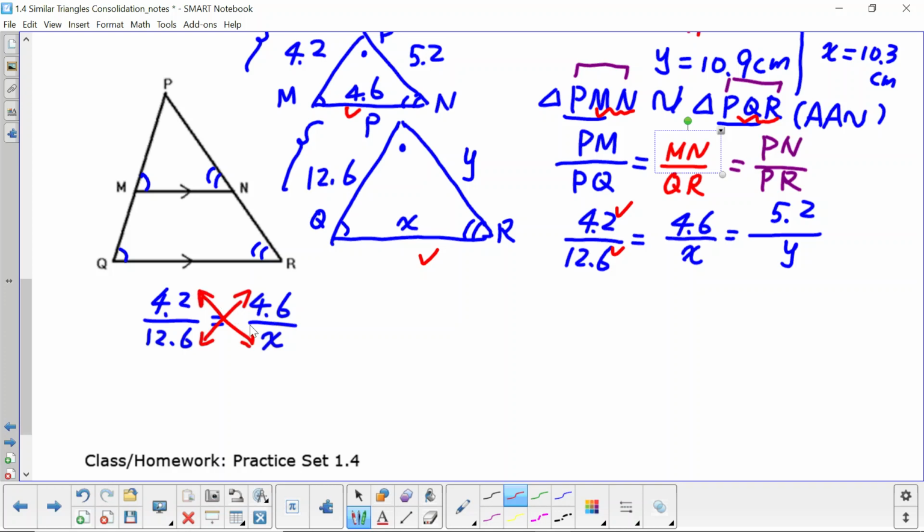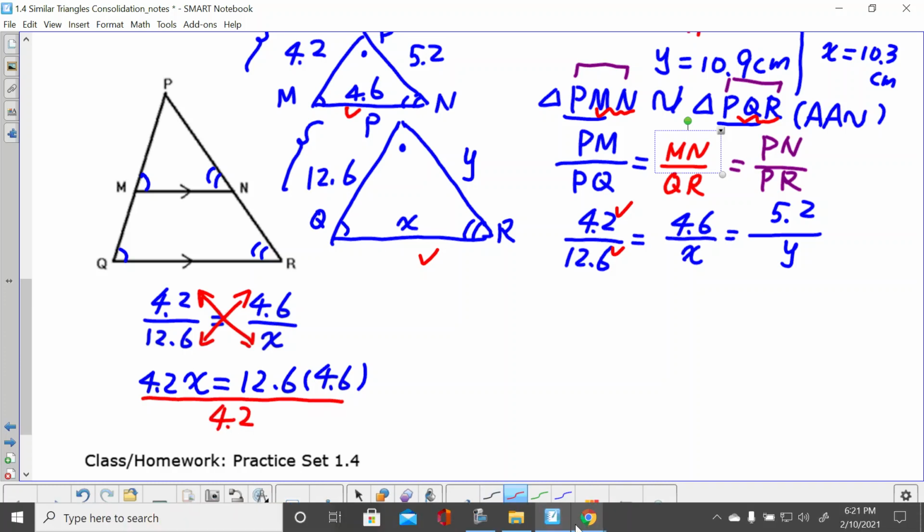So 4.2 cross multiplied with x gives you 4.2x, equals 12.6 times 4.6. Then in order to solve for x, we move the 4.2 to the other side by doing the opposite operation.